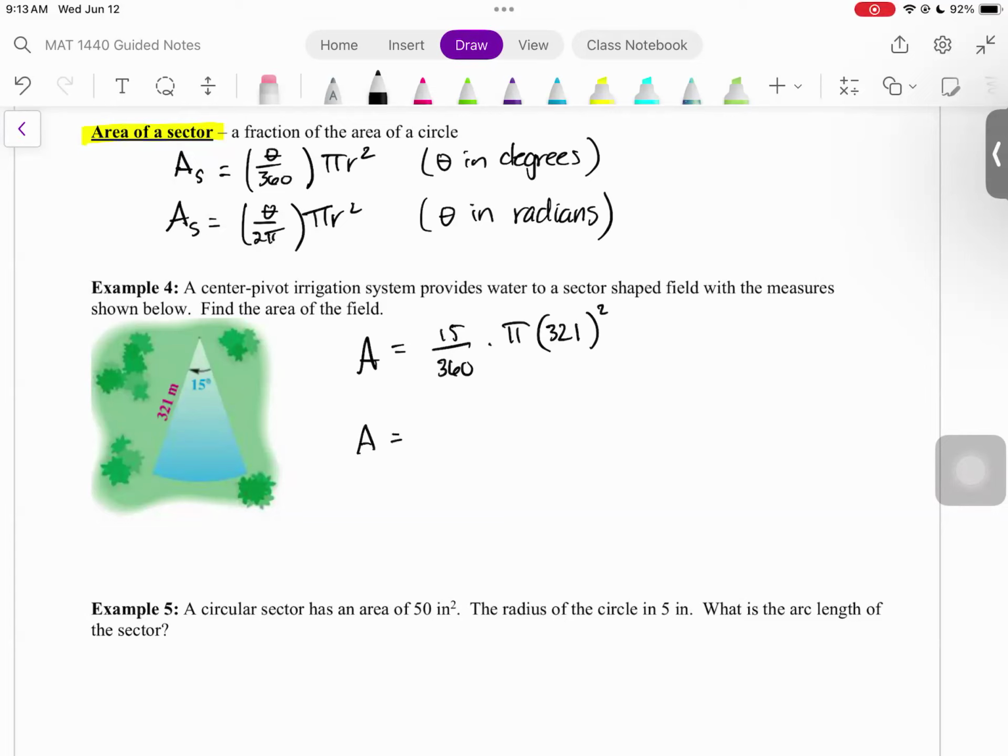Plugging this into our calculators or into Desmos, this is 13,488.04. And when we're talking about area, our units are going to be that unit of length squared. So this is going to be meters squared.